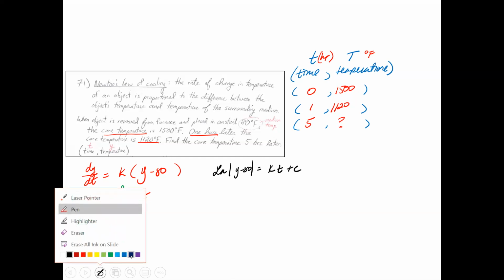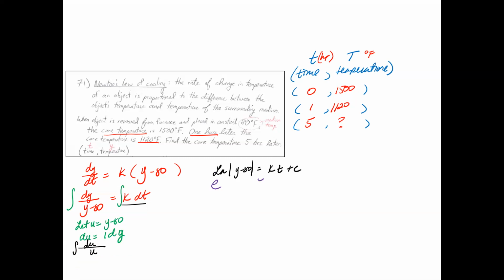Now, my goal here is to solve for y, so let's put an e on both sides. Then I have y minus 80 equals c e to the kt. Add the 80 on both sides. You should have y equals c e to the kt plus 80.